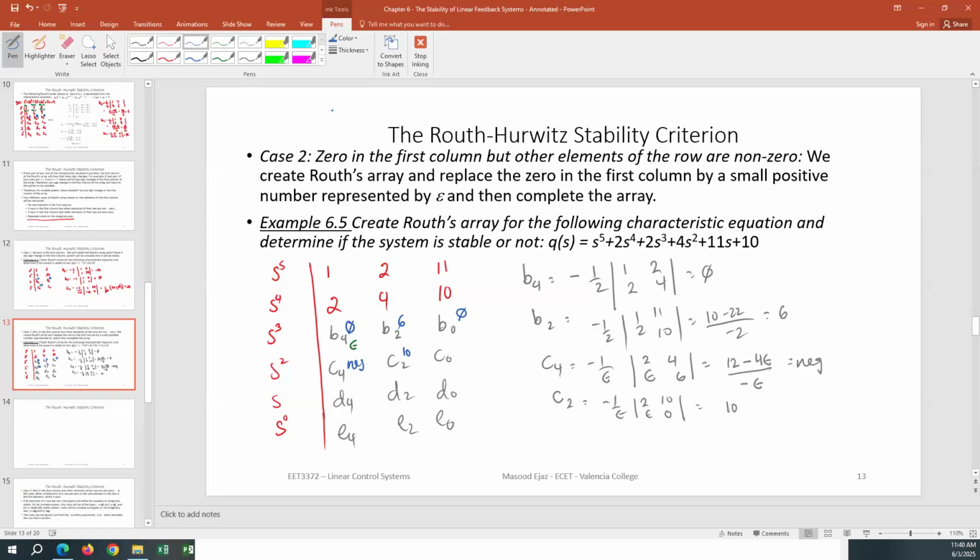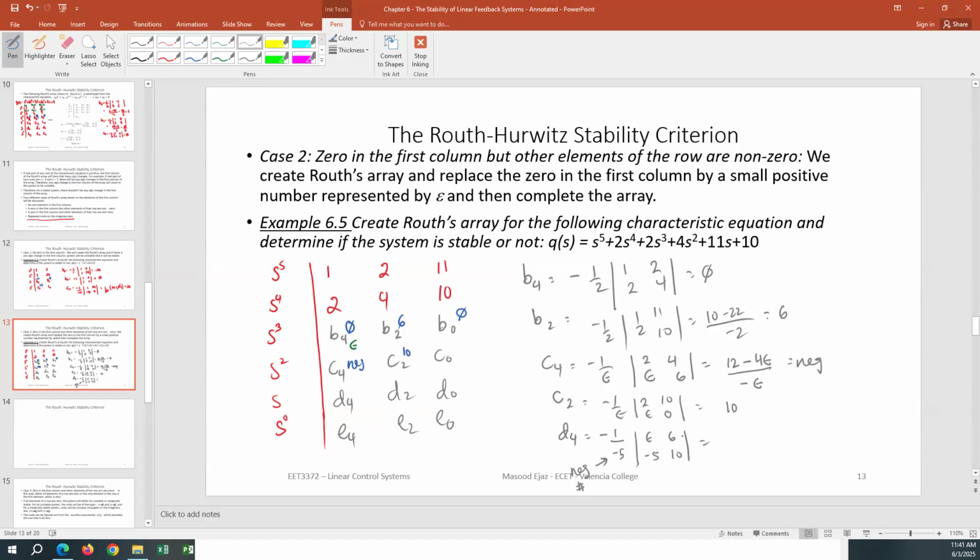So D4, we can just do that just to see if it is positive or negative. D4 is going to be negative 1 over C4. That's a negative number. So, let's say negative 1 over any negative number, let's say negative 5 or something, whatever the number is. Negative number. And then we have epsilon, negative 5, and 6, 10.